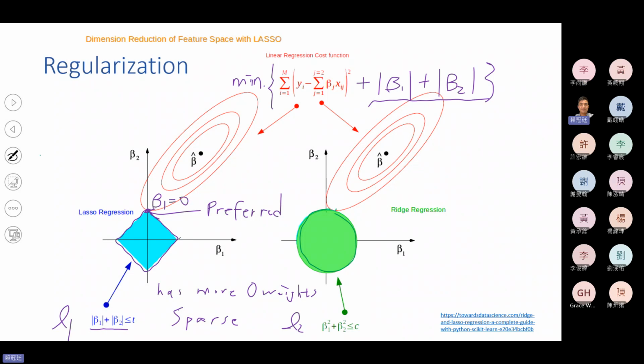And at this point, beta 2 is 0. So it will prefer that some of the weights become 0, which makes our vector sparse. This is a preferred feature of machine learning.